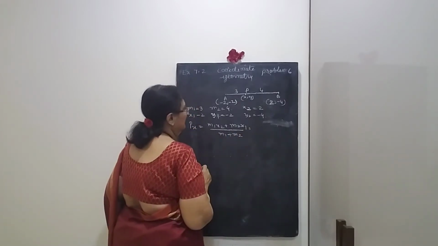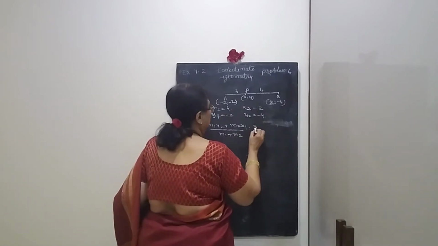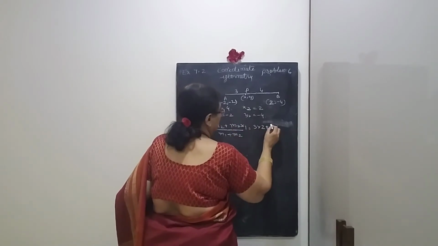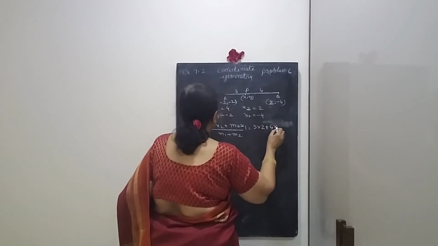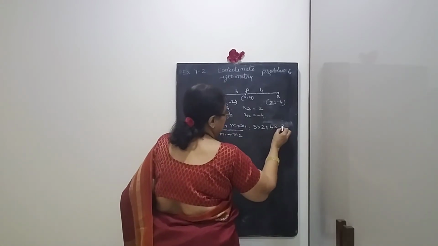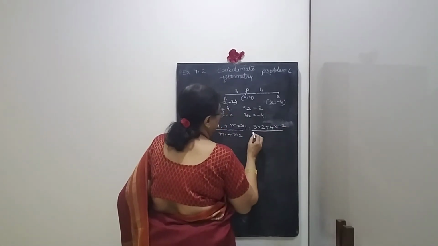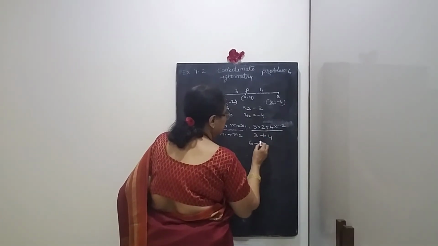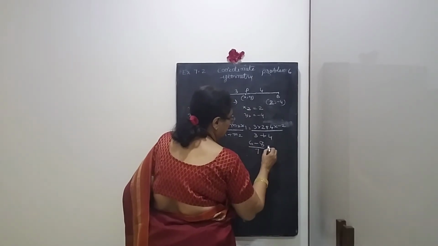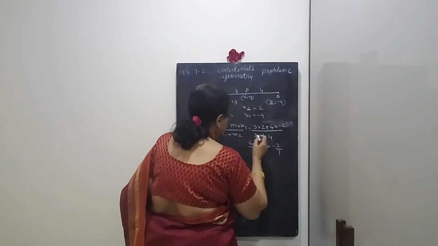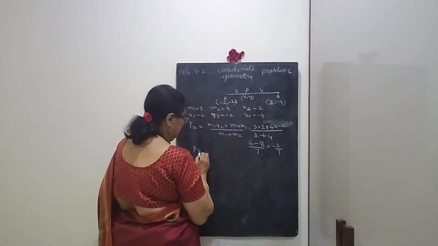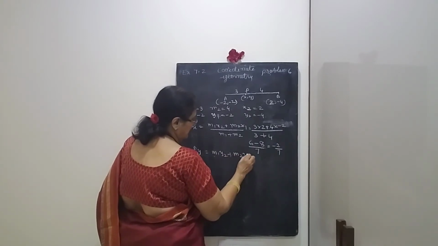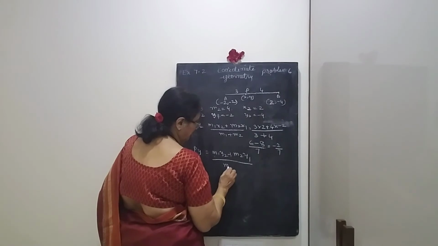So, M1, how much is that? 3 into X2, 2, plus M2, 4, into X1, -2, by M1 plus M2, 3 plus 4. 6 minus 8 by 7, -2/7. That is Px.